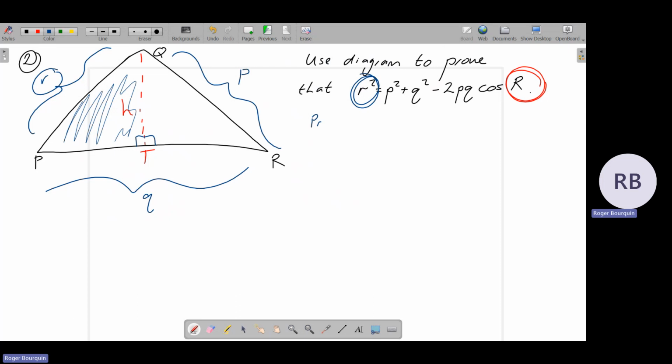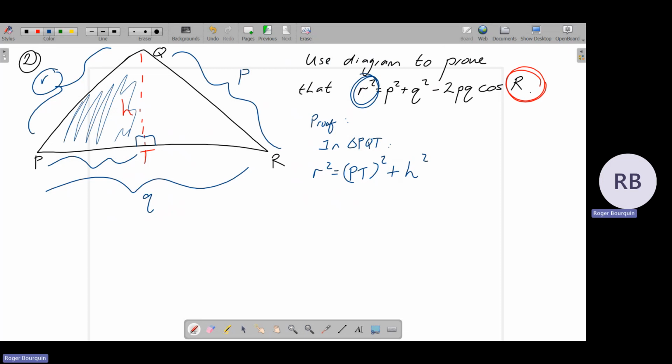So proof in triangle PQT. The hypotenuse squared, which is R squared, is going to be equal to PT squared plus H squared.